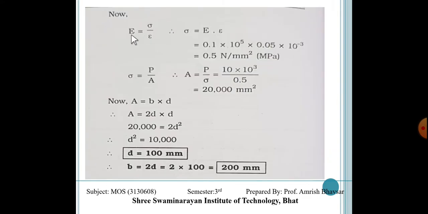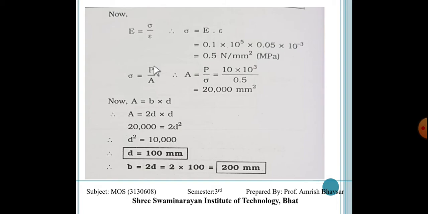So here epsilon is equal to stress upon E, so stress is equal to E into epsilon. Epsilon they have given, that is 0.05 into 10 raised to minus 3, and E they have given. So here sigma is 0.5 Newton per mm square.